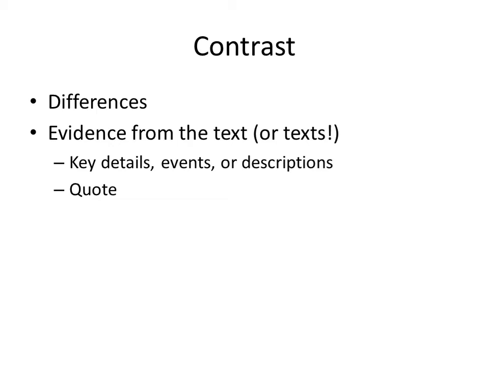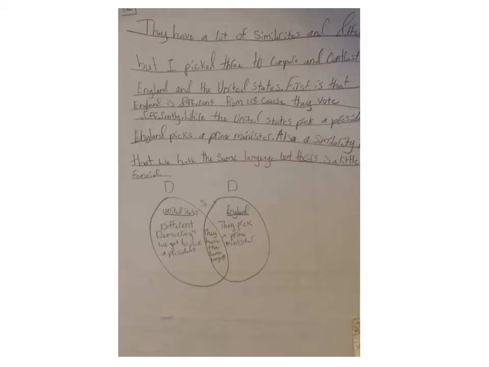Now, you would think that this is pretty straightforward, and I thought so too. But then I started to look at some of your interim responses from the interim two. And I noticed that there were a lot of people that were really confused about what to do when you compare and contrast. Now, this person started off pretty strong.